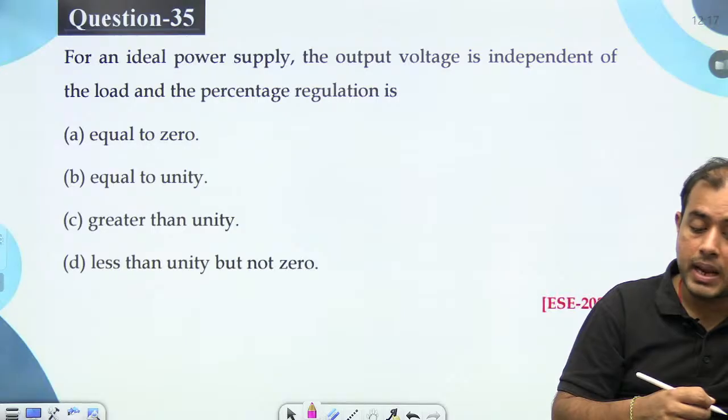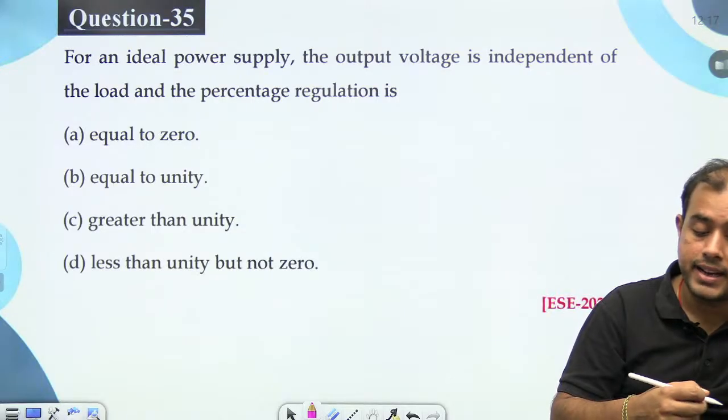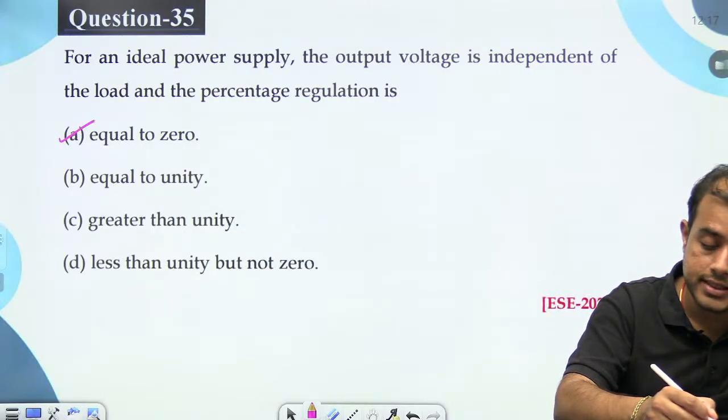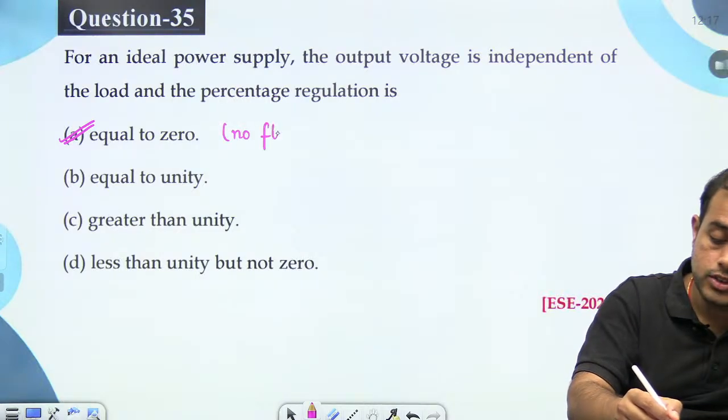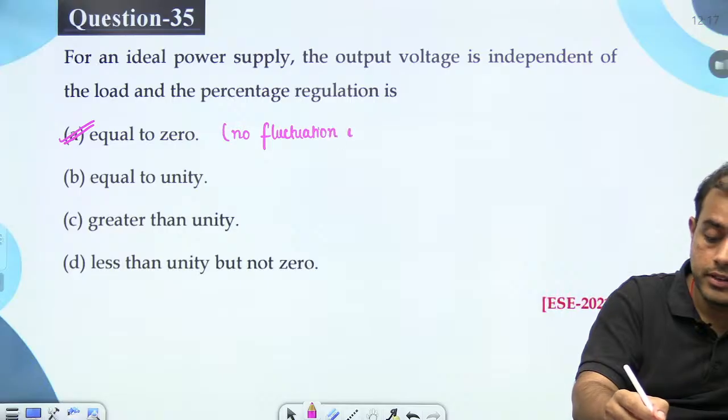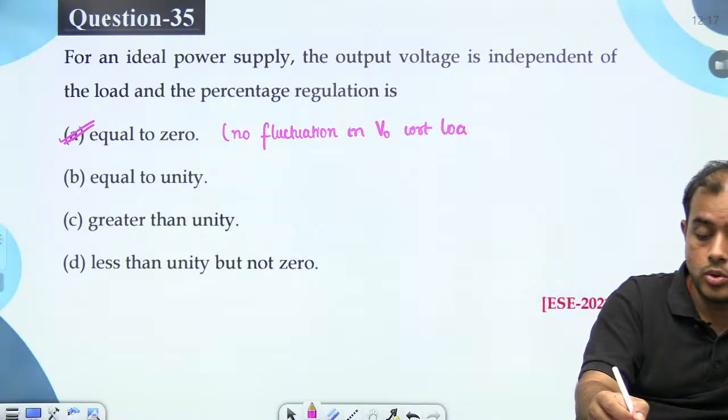Ideal power supply output voltage is independent of load and regulation is 0. Regulation 0 माने no fluctuation in V0 with respect to load.